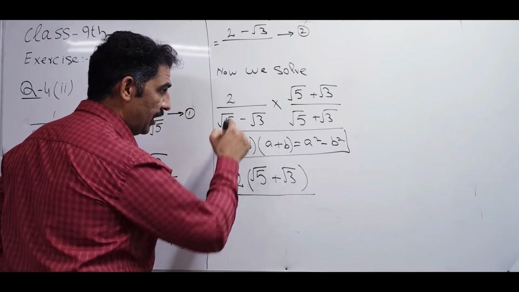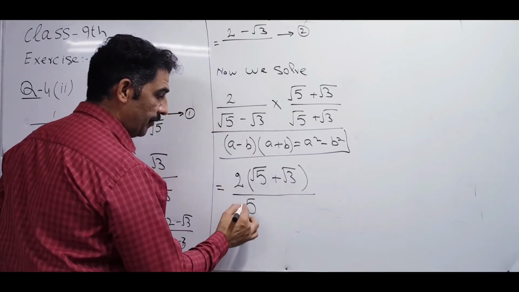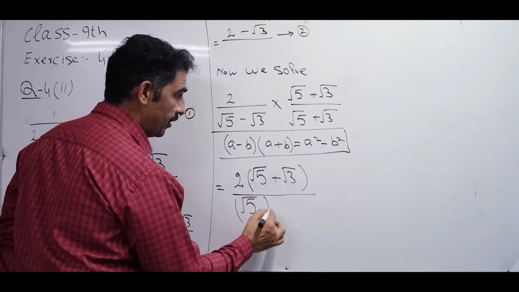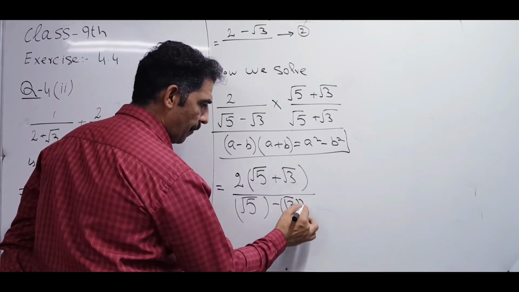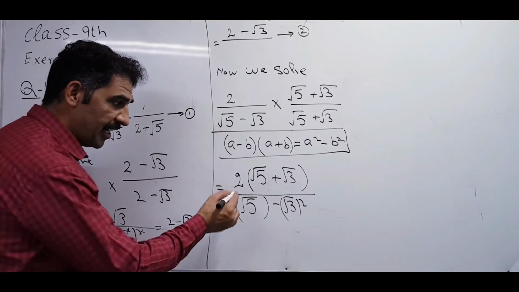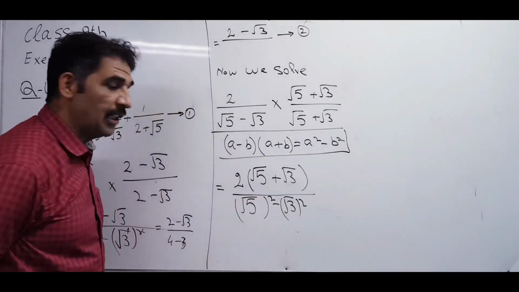And over a square, this one minus b square. Sorry, I am not writing square, okay ji, now I wrote square.